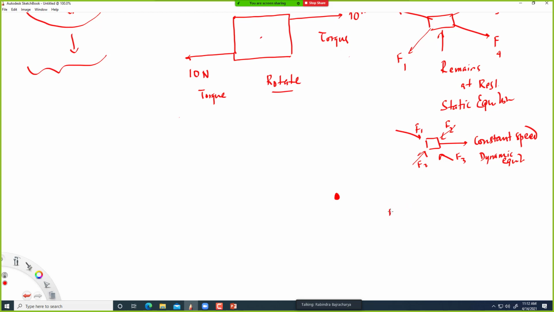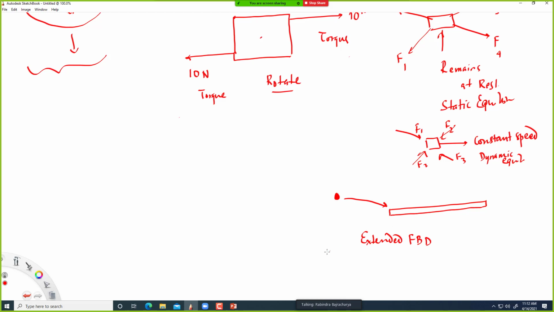If we have a rod, we denote the rod with this long square. Replacing the dot with this kind of object is called an extended free body diagram. So we'll be drawing an extended free body diagram instead of just a free body diagram, and then we'll need to show all the forces acting on this object.